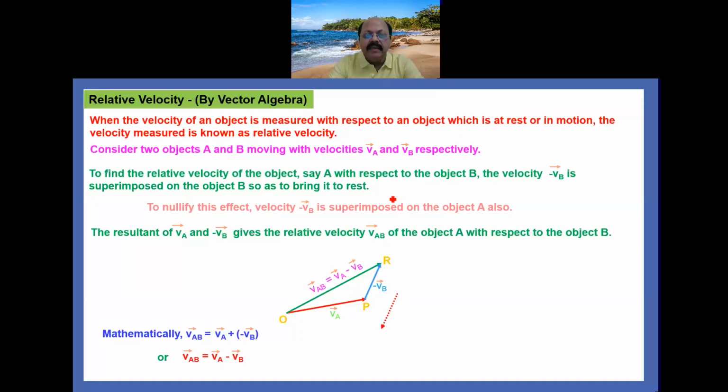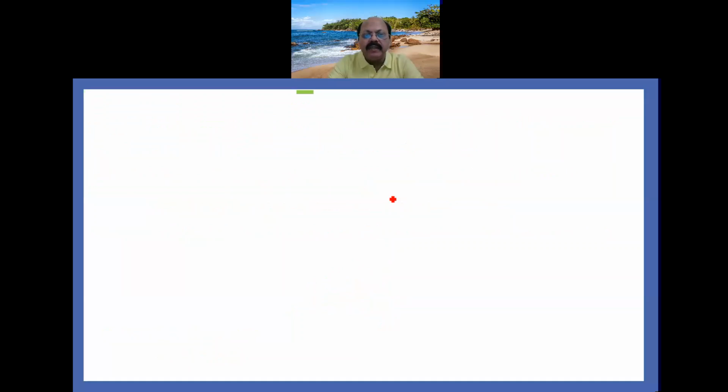So we can write VAB vector equal to VA vector minus VB vector.